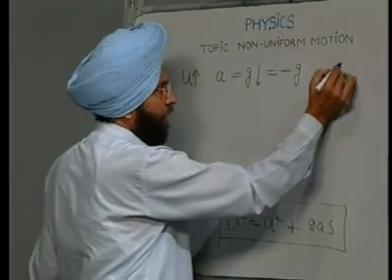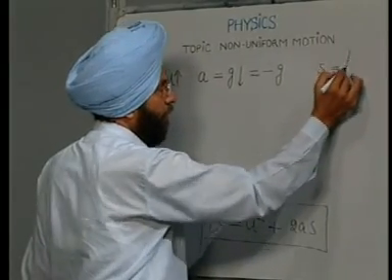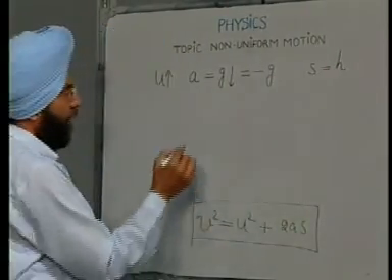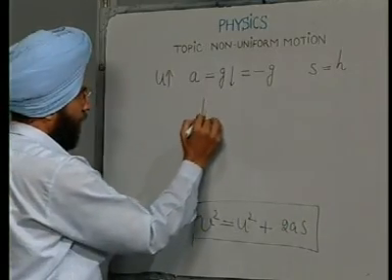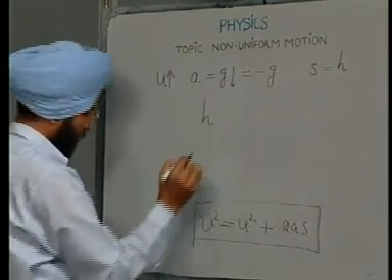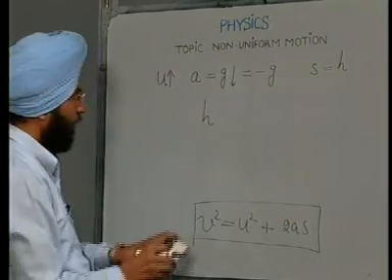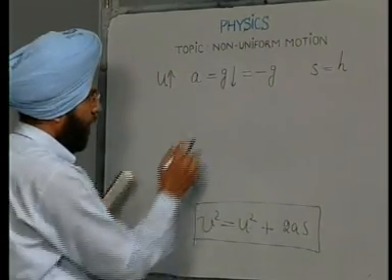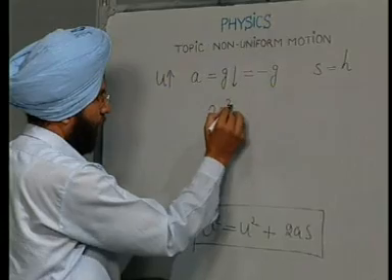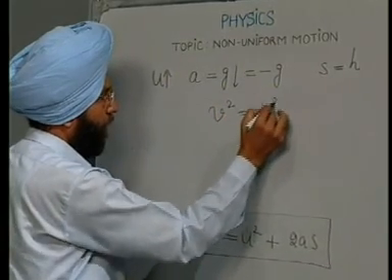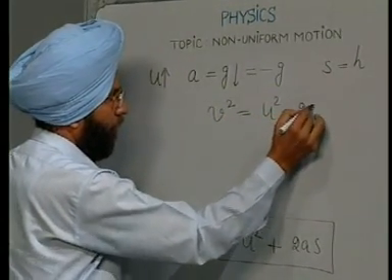And if the distance travelled is h, then we can write this equation as v square is equal to u square minus 2 g h.